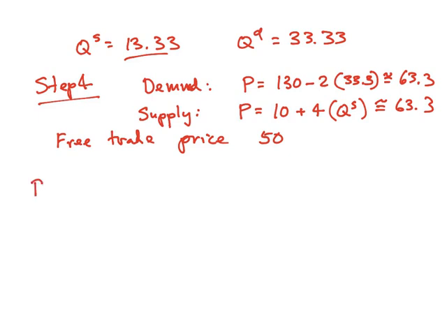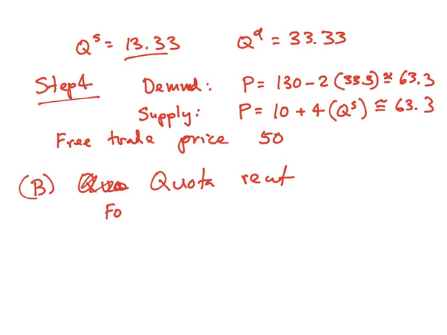Now, what is the quota rent? If you recall, the quota rent is the difference between what someone can get in one place compared to the next best alternative somewhere else.